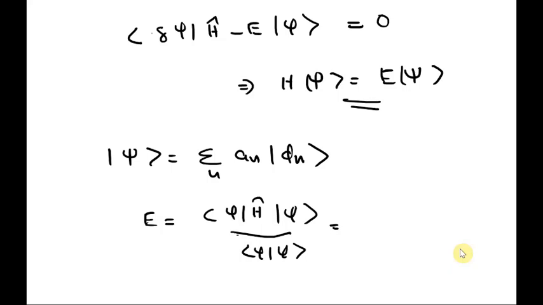You can substitute this quantity and it will produce exactly whatever state it corresponds to and an energy value. So this is going to be Σₙ |aₙ|² Eₙ, coming from the Ĥ operation, divided by Σₙ |aₙ|².